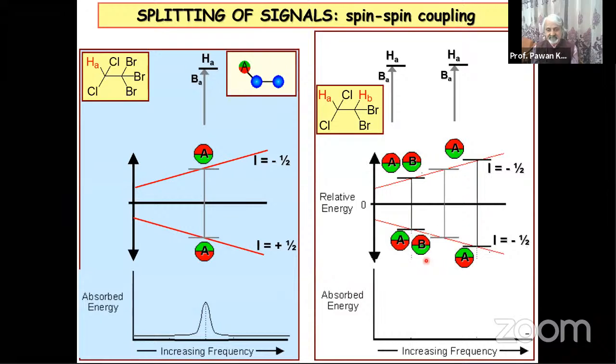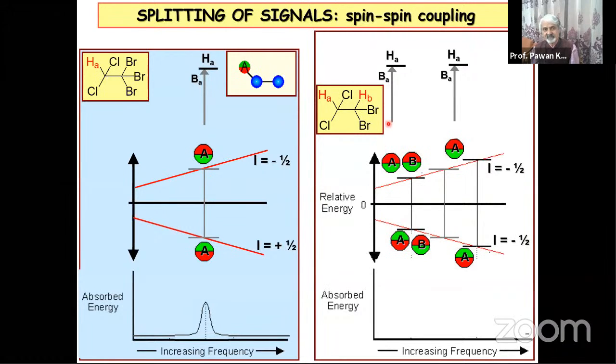Because we are observing HA, what is the impact of HB? HB's field can be aligned against B0. When it is, hydrogen A would be shielded because it is now aligned against the applied magnetic field. And this is the effective magnetic field felt by HA in the absence of HB.